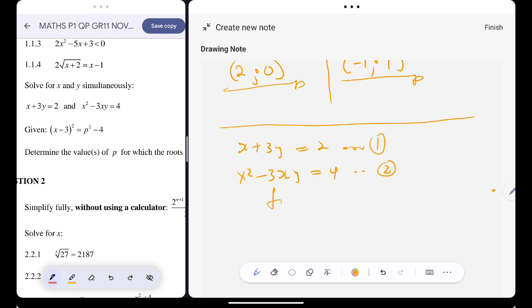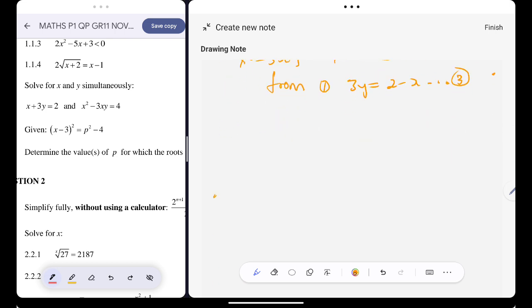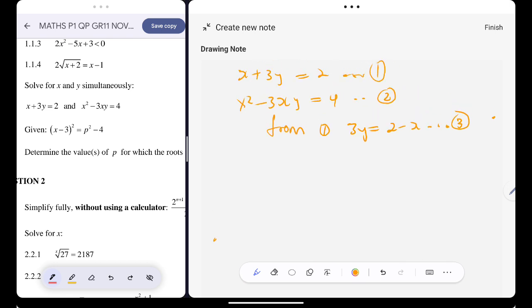I could have said from 1, 3y is equal to 2 minus x. This is my third equation. All together.